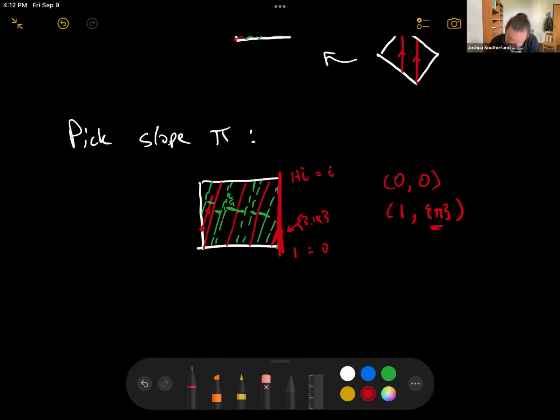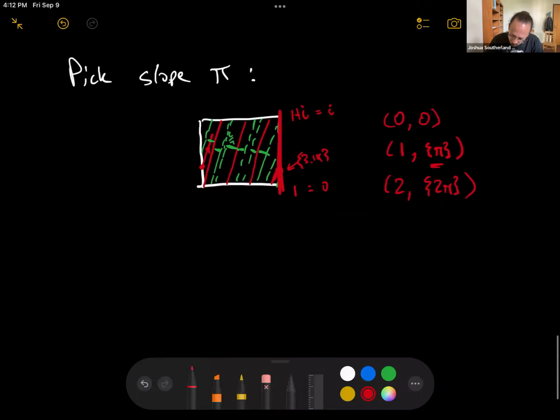Okay. And then if we do that again, we go over 2 x's. That's going to hit the section again, and we're going to get 2 pi. If we keep doing that, what we're really seeing is how, maybe it's something you've seen before, this linear trajectory, when you take a section, induces a circle rotation.